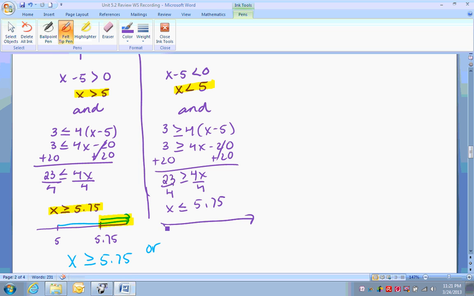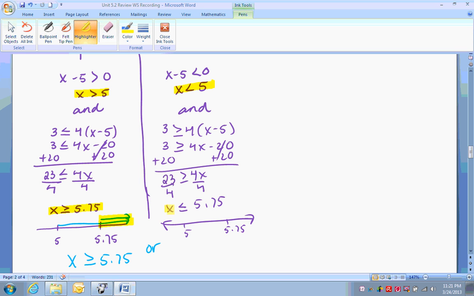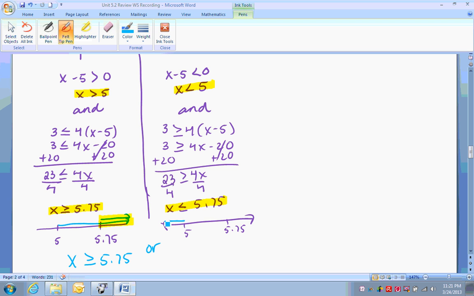You draw your number line with 5 and 5.75 on it, and then we need to shade our highlighted portions. And when we do that, we realize that x must be less than 5 and x must be less than or equal to 5.75.